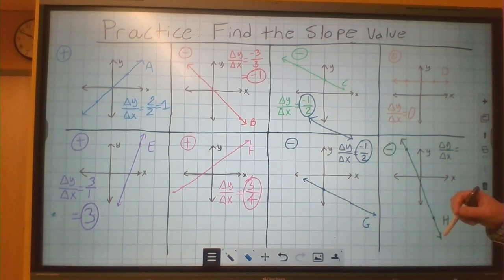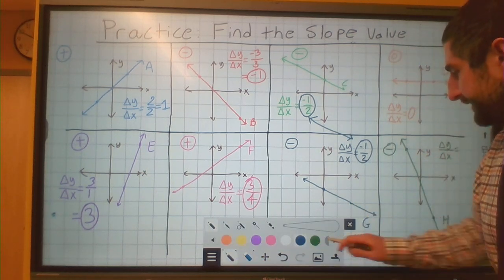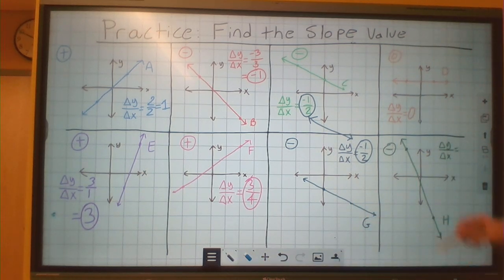They have the same slope. They have that same orientation. And finally, the last one, H. We have 1, 2, 3, 4, 5 down, so minus 5 for the change in y, and 1, 2 for the change in x. So we end up with negative 5 over 2 for our slope.